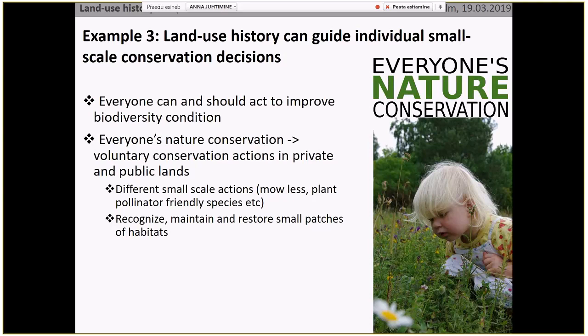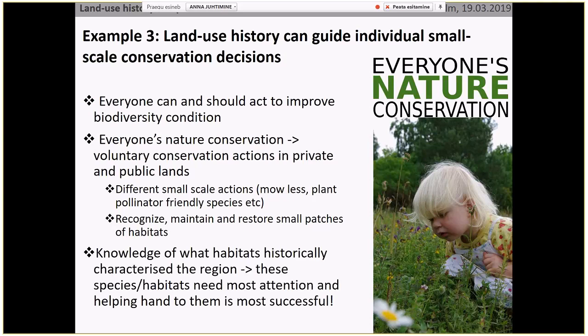So in this approach, it is also very important to have knowledge of what habitats historically have been in this particular site, around my garden, in my town, in my village.